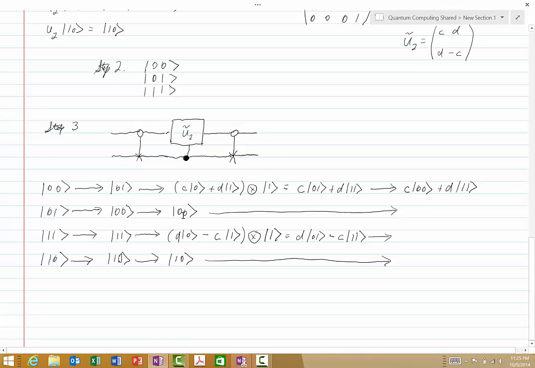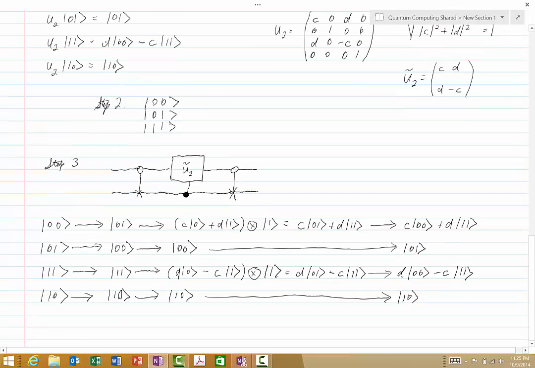The 00 state will go to 01. And down here, similar to what we had up here, the 01 state will go to the 00 state. So we have D00, but the 11 state will be unaffected. So minus C11. And then finally, the 10 state will be unaffected, so we get 10.